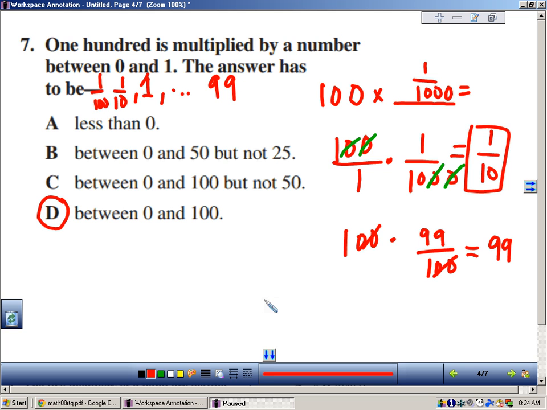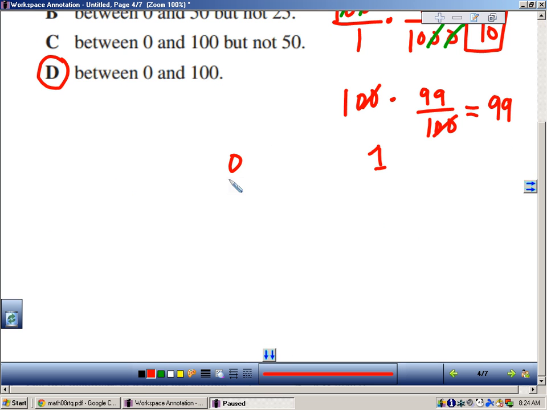And what I used was a guess and check technique. A little different, but the reason why I'm able to do that is because I know what it means to be a number between 0 and 1. And numbers that are close to 0 have large denominators. So here are some examples. So numbers close to 0 would be like 1 over 10 is 0.1. Just put a 0 there.